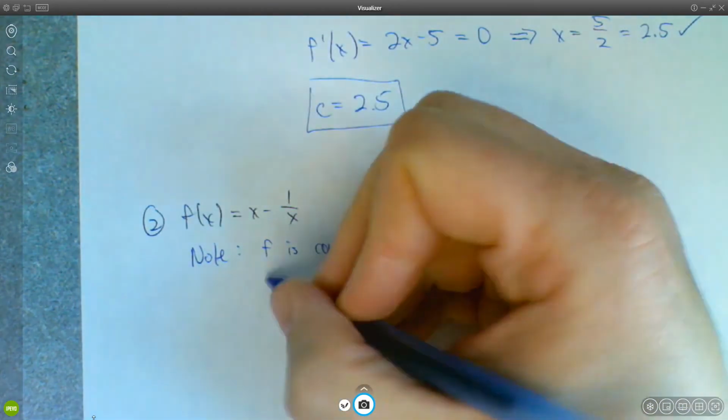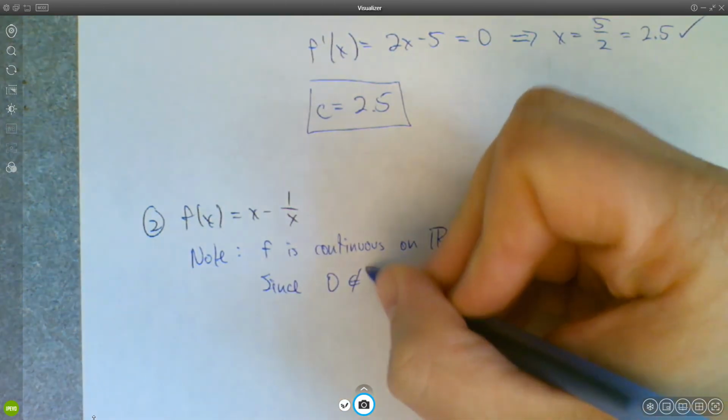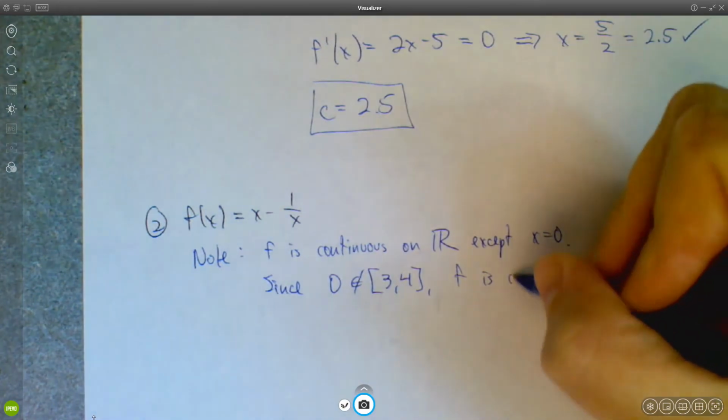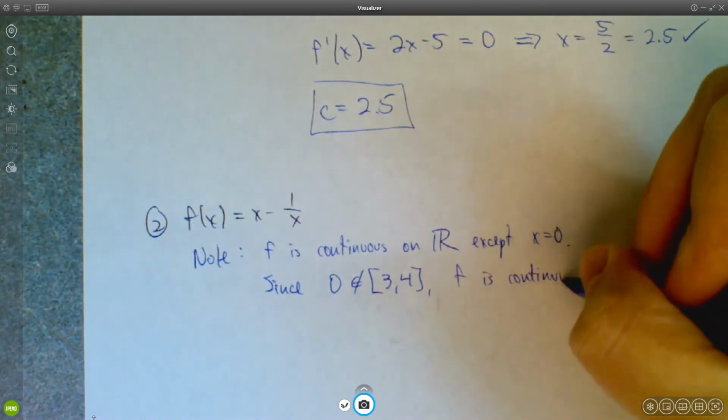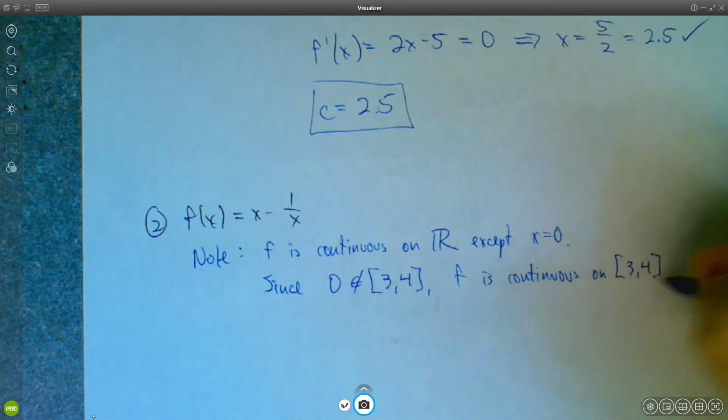But since 0 is not in the interval from 3 to 4, f is continuous on [3, 4]. Okay, so that's the first condition.